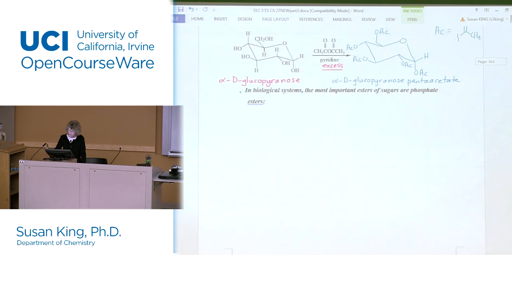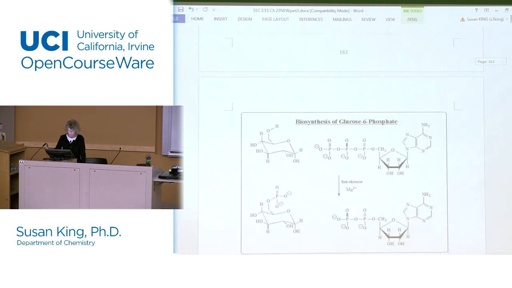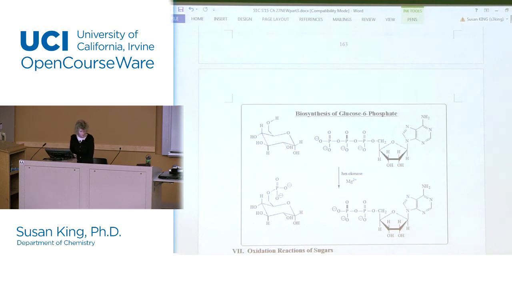In biological systems, the most important esters of sugars are phosphate esters. I'm not going to be testing you on biosynthesis of glucose 6-phosphate, but of course this starts off the process of glycolysis. What we're doing here is making a phosphate ester at this hydroxyl.